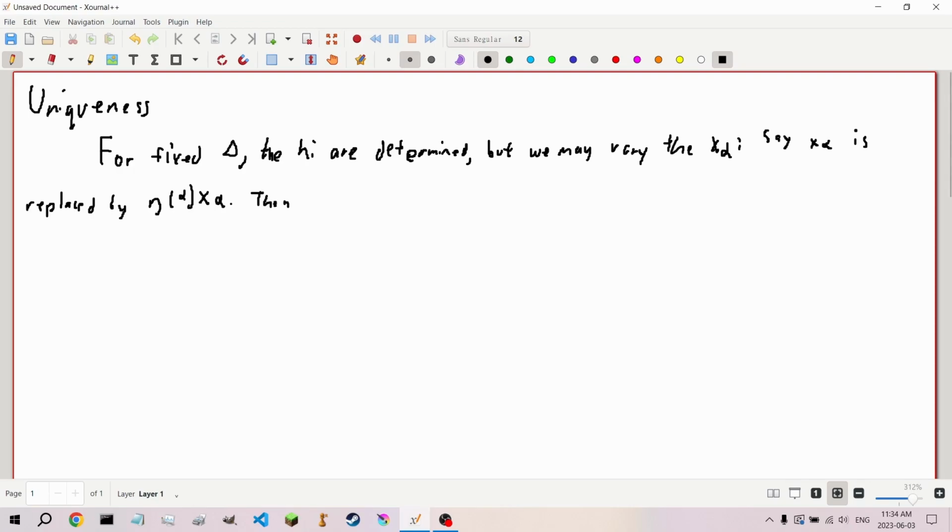Then the bracket of eta_alpha x_alpha, I guess this is for every element in our Chevalley basis, with eta_negative_alpha x_negative_alpha, oops, that's supposed to be an x.